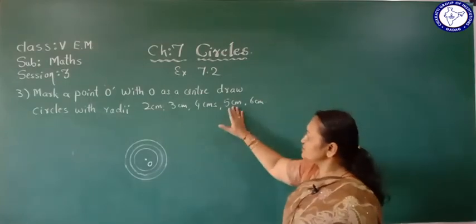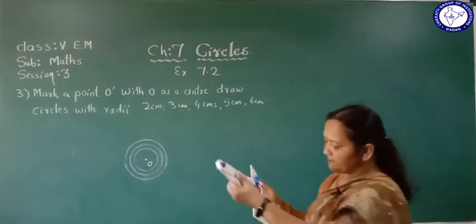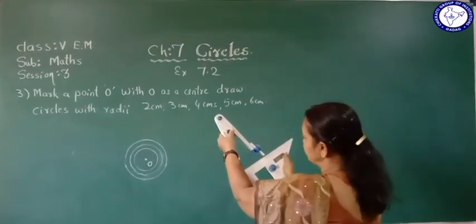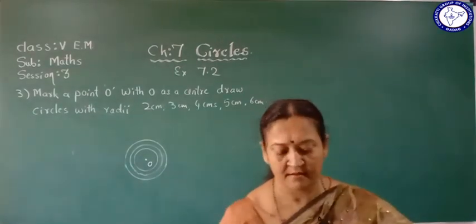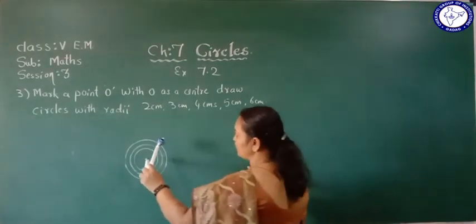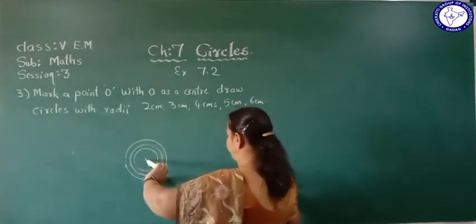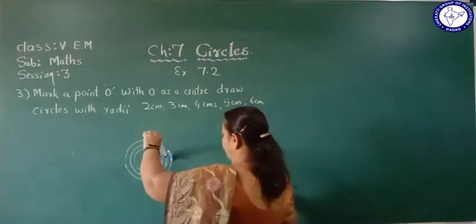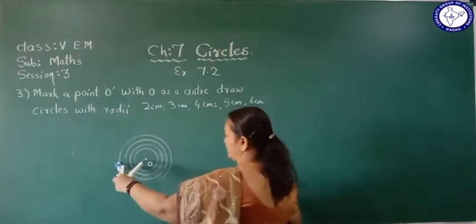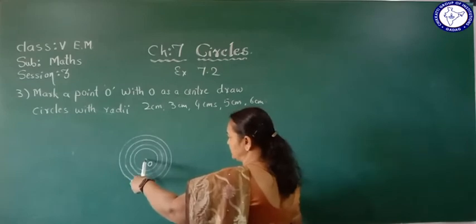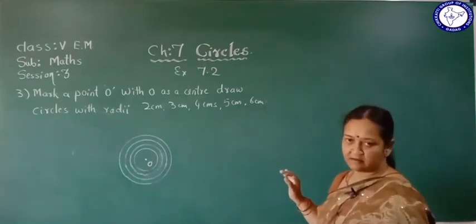Then we should go to 5 centimeter. So again keep compass on 0 and extend till 5 centimeter. Then keep on the same point O, and this is the circle of 5 centimeter.